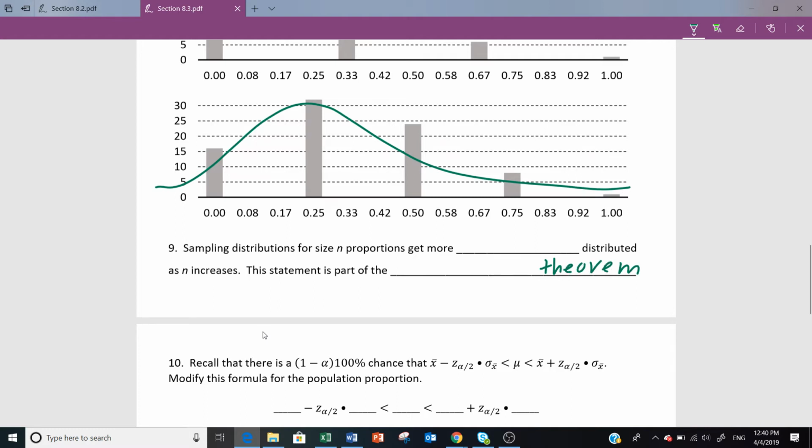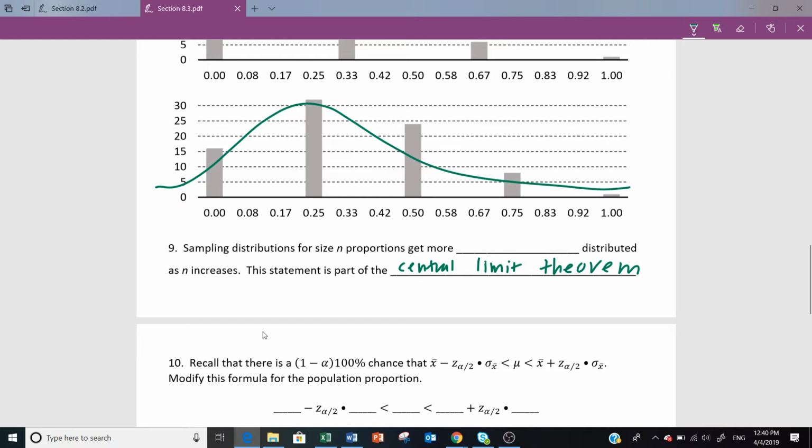Yeah, it's more normally distributed. Very good. It's called the central limit theorem. Things start to go towards the middle and it becomes more normally distributed.